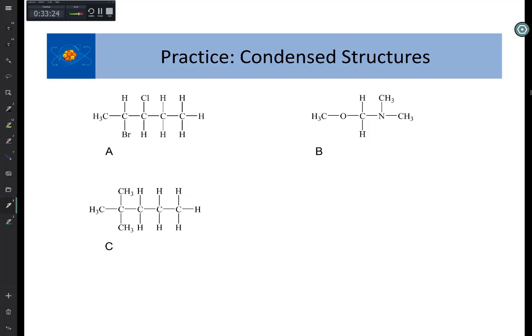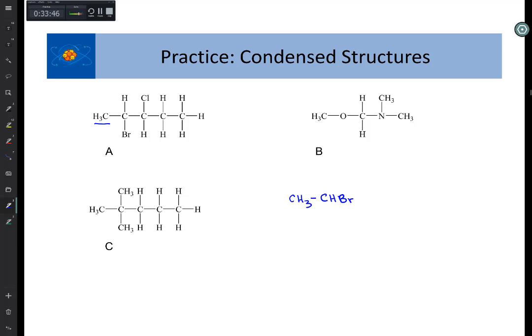So what I'm going to do is I will look at this, and this is the first thing that I'll write. I'll write it as CH3. And then it's CHBr. Now I'm going to leave the bonds in between, and then I'll condense it down further.